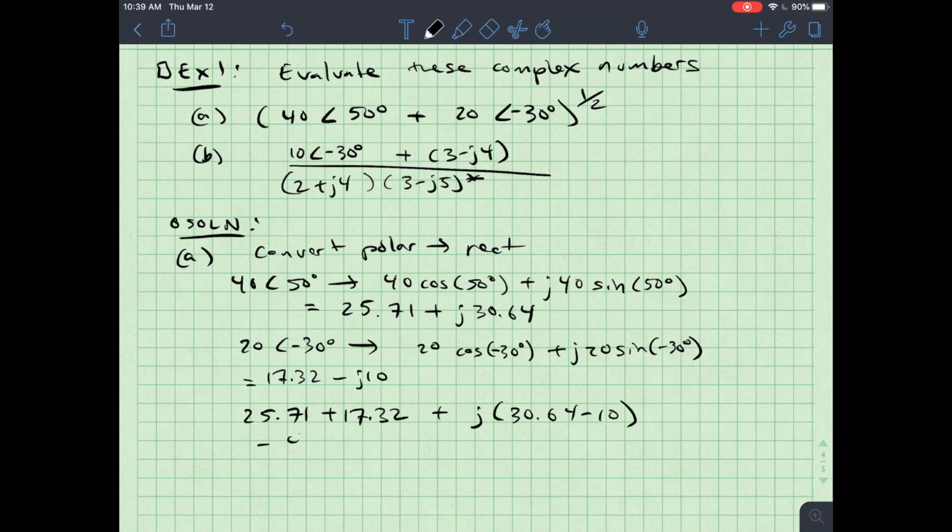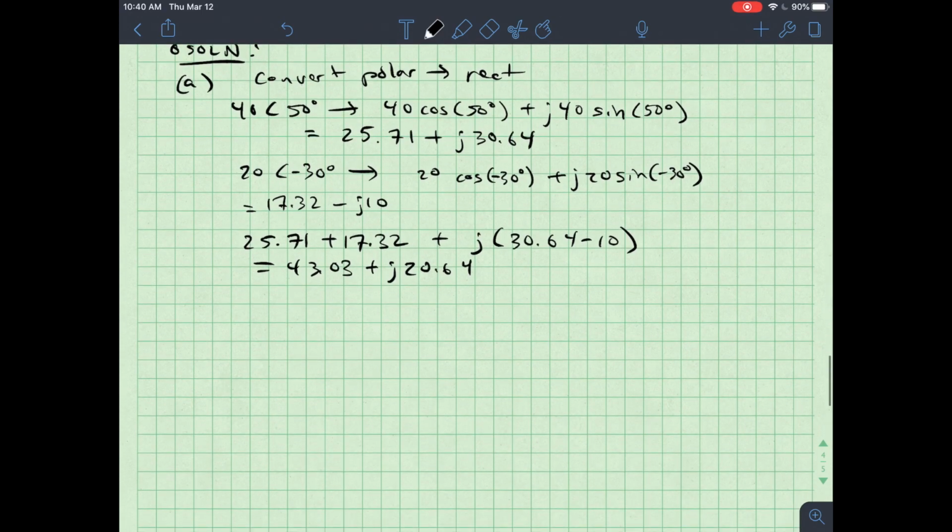This is equal to 43.03 plus j20.64. Yikes. Now, the last piece I need is to be able to take the square root of it, or take it to the 1/2 power. In order to do that, I might want to get this back into polar form.